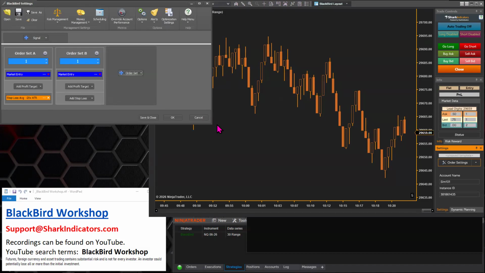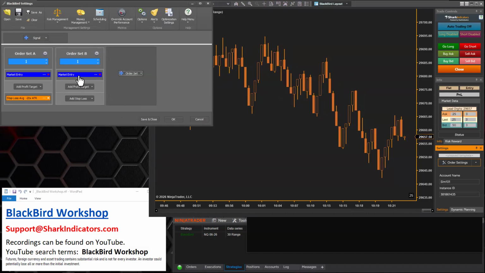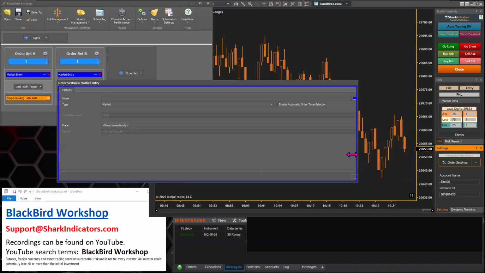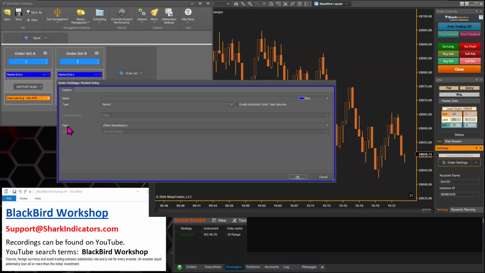So I'll just create a market order here, right? To do that, we're going to use the place option here. In other words, this entry will not execute until the conditions, the triggers to place it, become true.